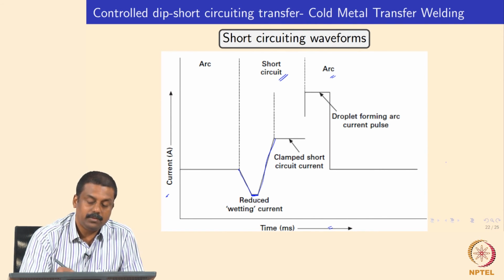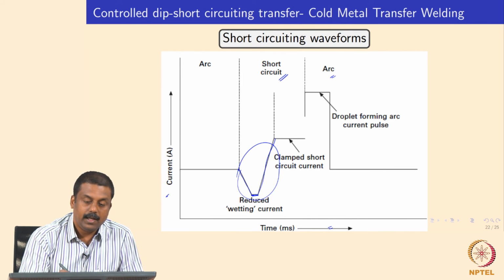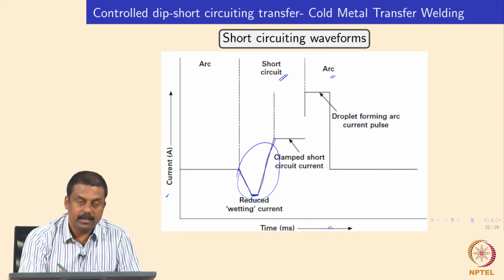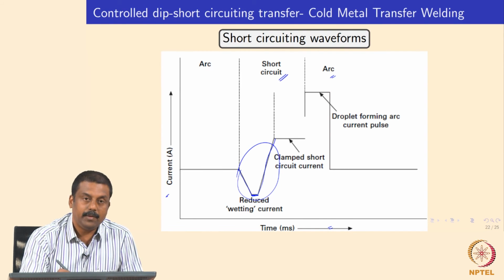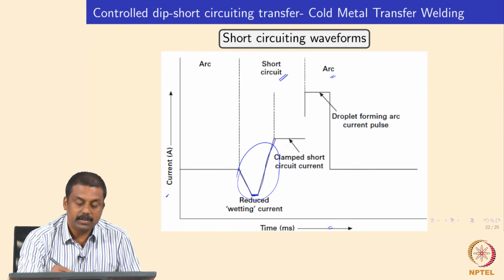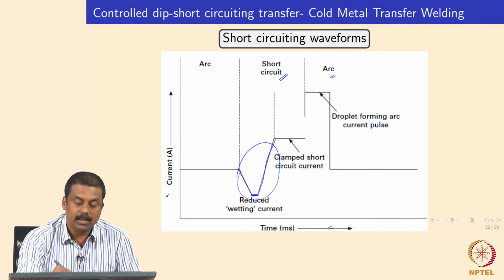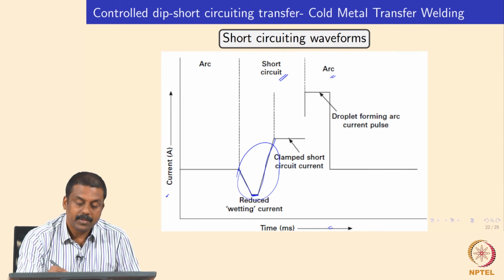So the trick here is to reduce the current once the short circuiting has happened, and upon decreasing the current you extinguish the arc, and then the droplet is transferred when the wire is retracted towards the contact tip. During this process the current is slightly increased, so that you form a neck by the increasing Lorentz force, and the surface tension of the molten pool will detach the molten droplet to the workpiece.